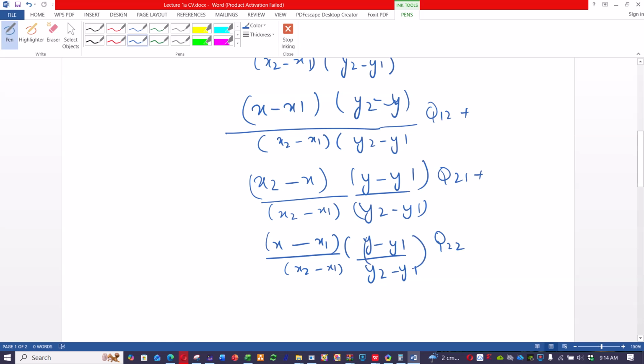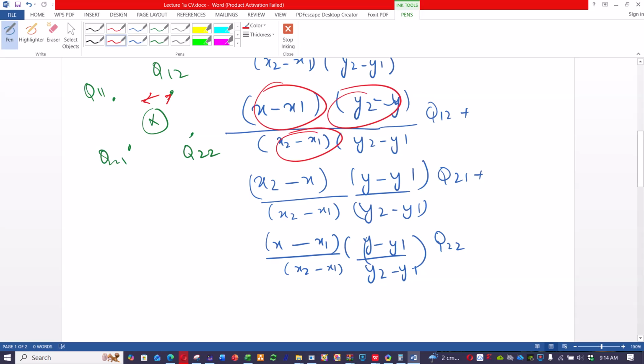If you look here, we are basically employing 4 pixels. If you are looking for an interpolation value here, you need Q11, Q12, Q21, Q22, and based on these distances, which are basically these vectors, you would be calculating f(x, y).